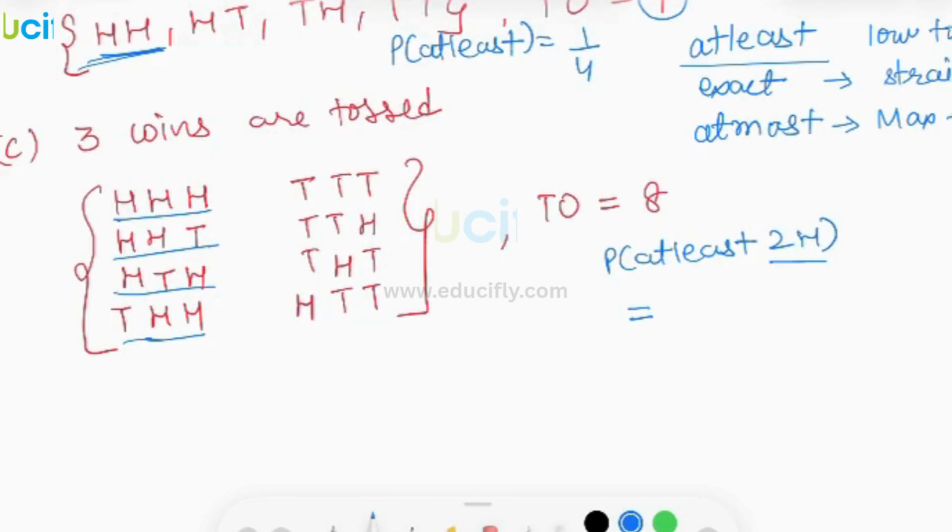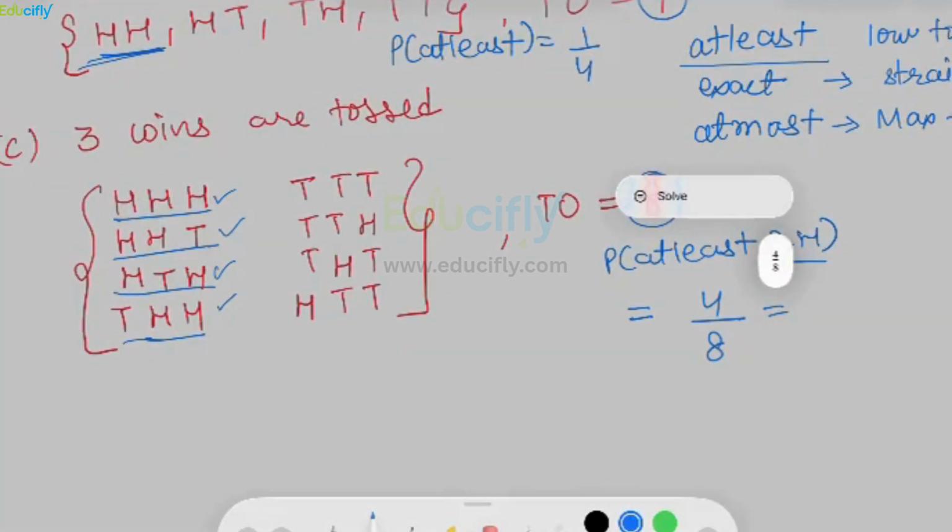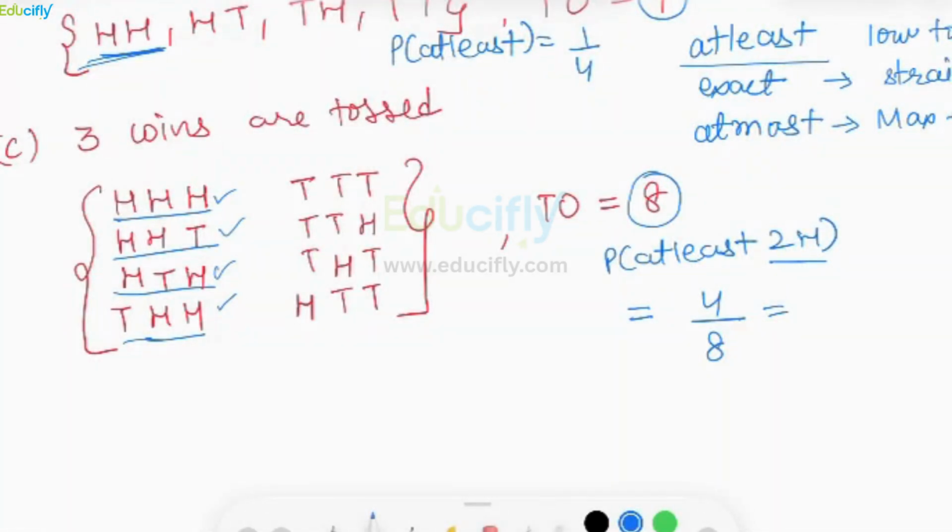Then the answer would be 4 over 8, because the total outcome is 8 here and these are 4 in number, right? And now there is one more important thing that you guys have to do. You have to simplify it. So that is going to give you a half.